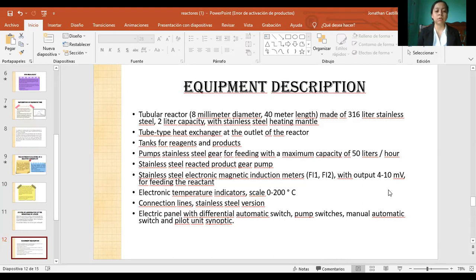Electronic magnetic flow meters, electronic temperature indicator with scale 0 to 200 Celsius, stainless steel connections, electronic panel with differential automatic switch, pump switch, manual automatic switch, and hand pilot unit.